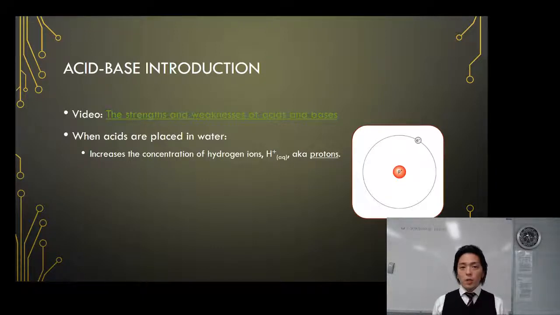Hydrogen has one proton because it's element number 1, and one electron is naturally there in one atom of hydrogen. But when it loses that one electron and becomes H+, the hydrogen ion, what's actually left is one proton, isn't it? And that is it. So it's called a proton. A hydrogen ion is just a proton.